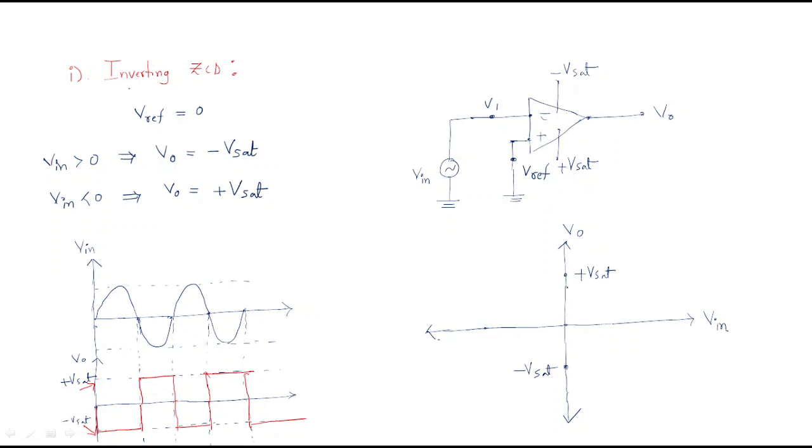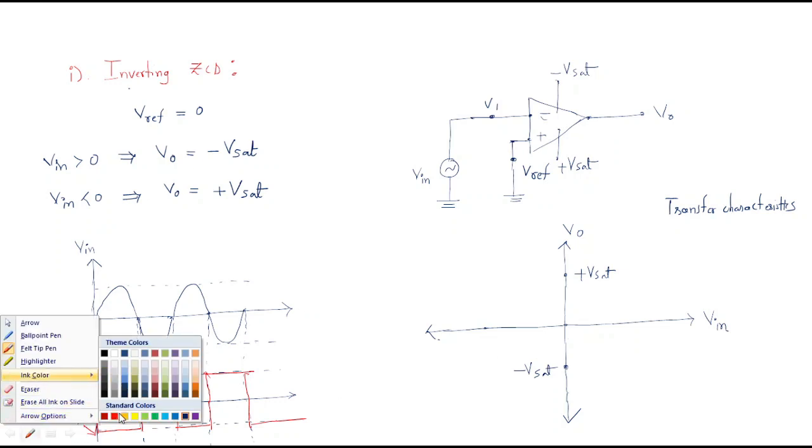So here we can draw the transfer characteristics. These are the transfer characteristics. They are like this. Wherever V input is on the positive side, the output will be a negative voltage. That's why the transfer characteristics are like this.